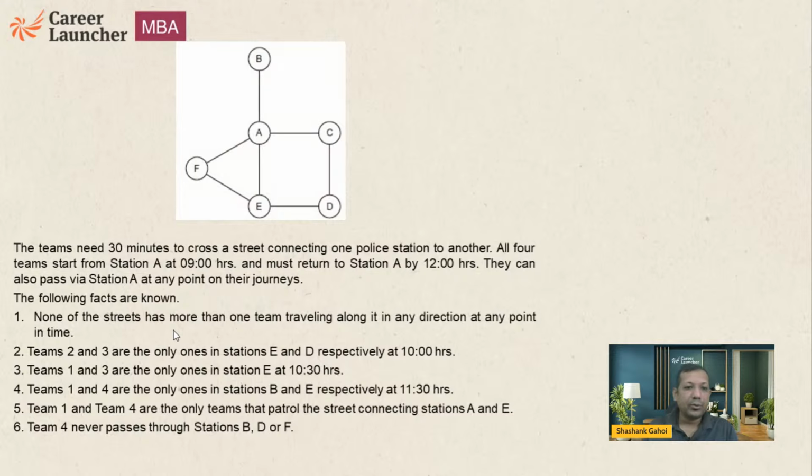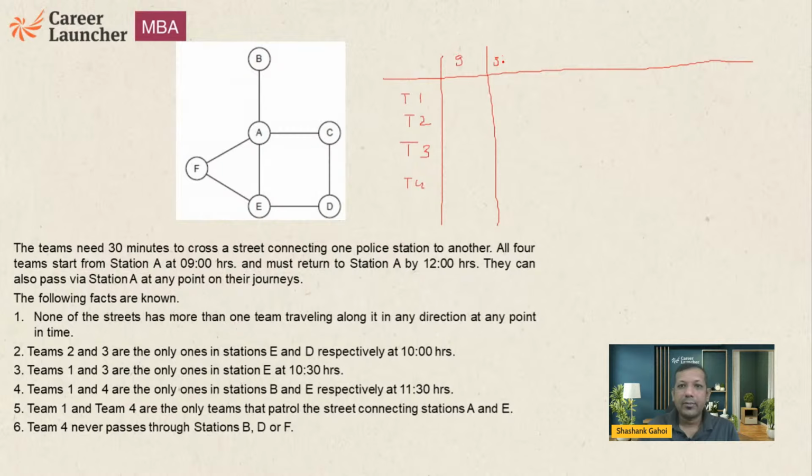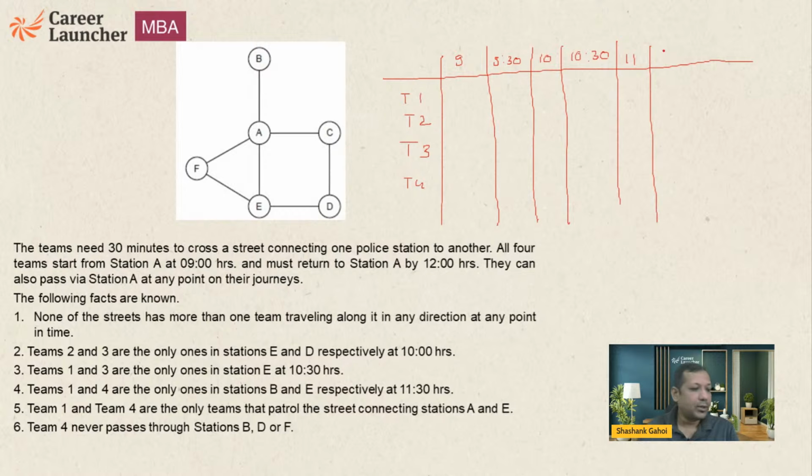So what I'm going to do is simply make a table again. I have four teams, T1, T2, T3, and T4. And the timings given to us: 9, then 9:30, then 10, then 10:30, then 11, then 11:30, then 12.